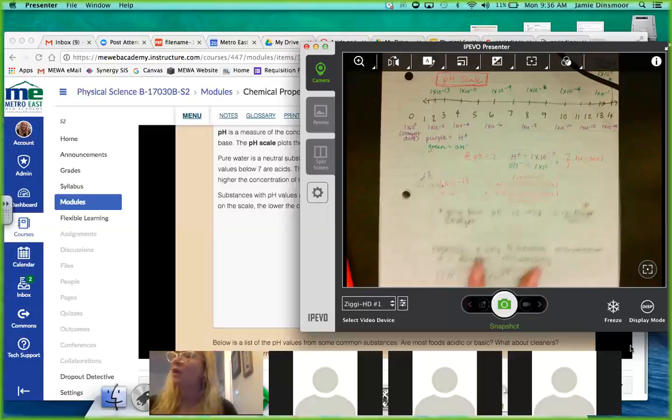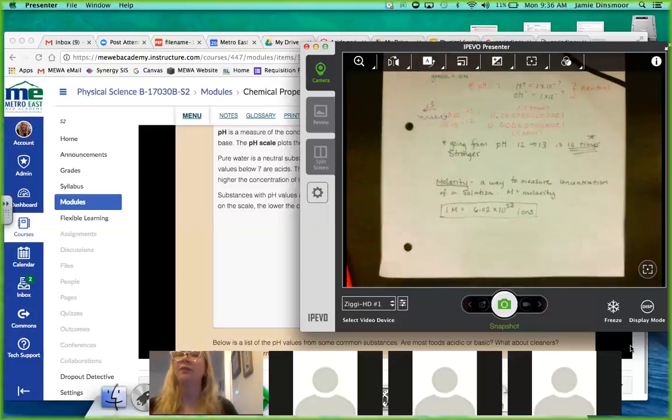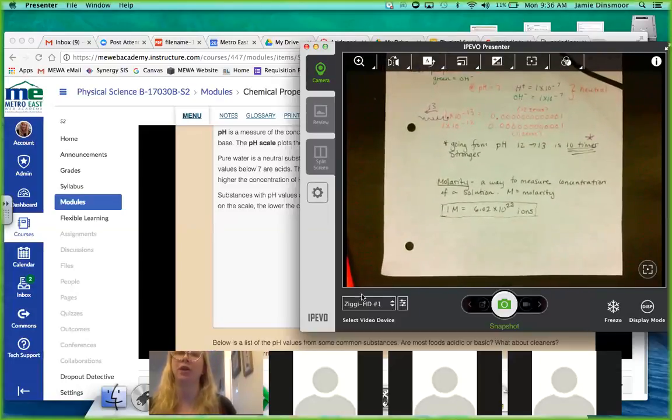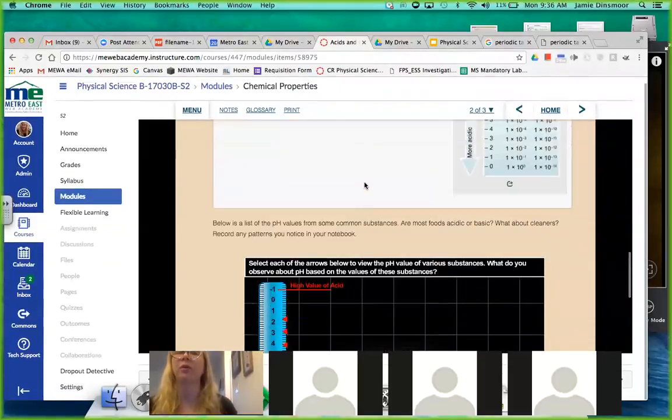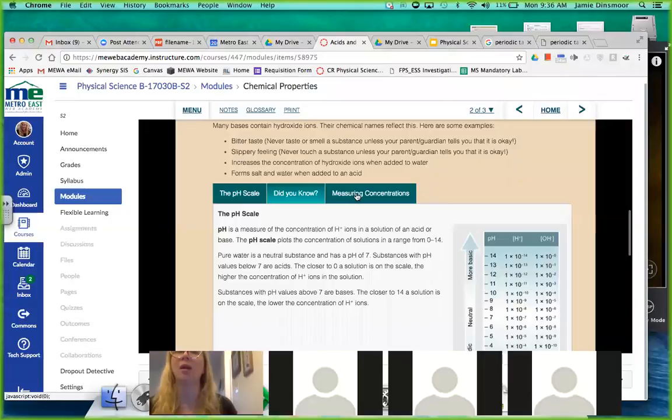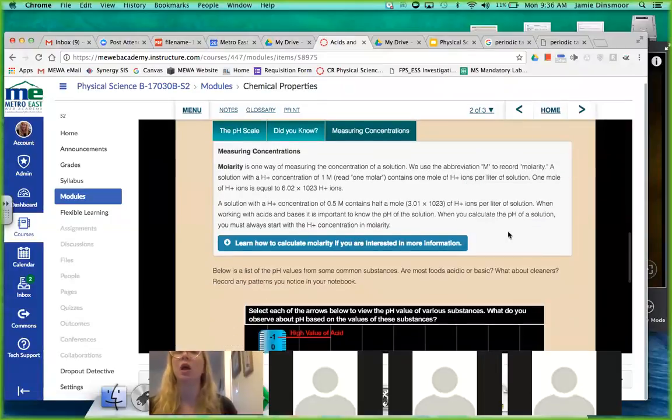Okay, so the last thing that we're going to talk about here is molarity. They give us this little thing to play with, which we don't need to do, but measuring concentrations. So molarity is one way of measuring the concentration of a solution. We abbreviate it with a capital M. That stands for molarity.